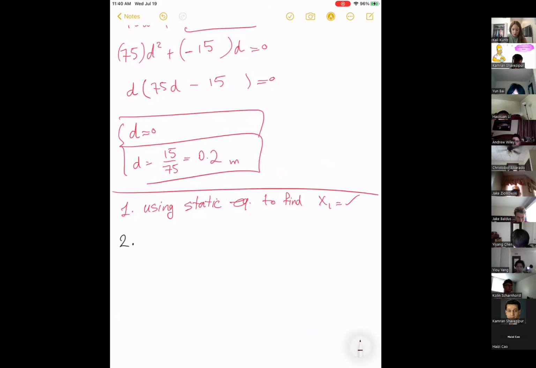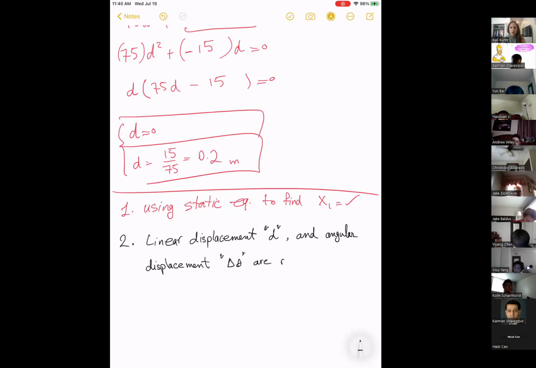Second, linear displacement D and angular displacement delta theta are related.